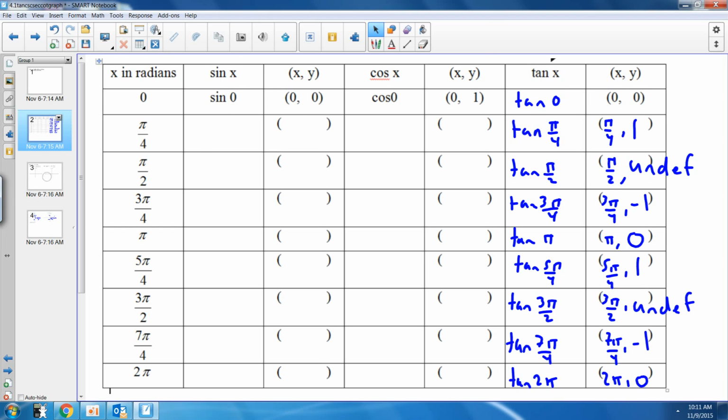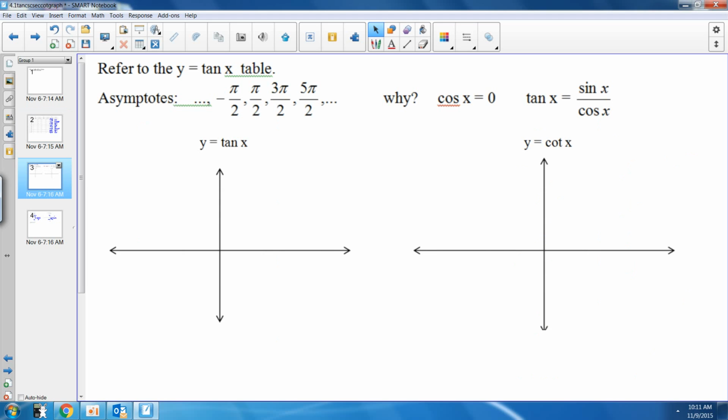So when I go and graph the tangent graph, what I have to remember is the asymptotes. Now, when you remember tangent, the ratio identity is sine x over cosine x.